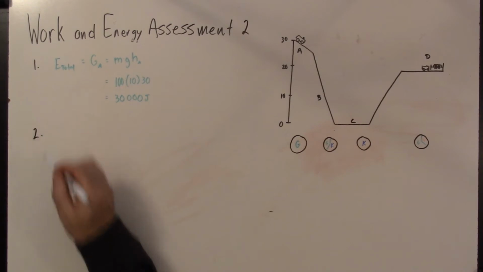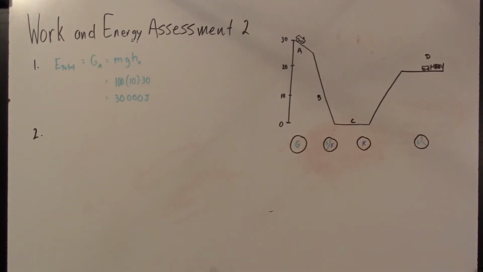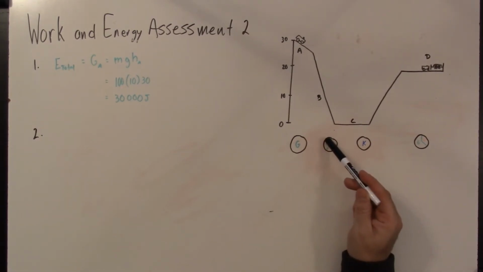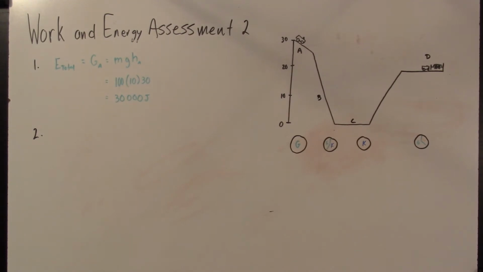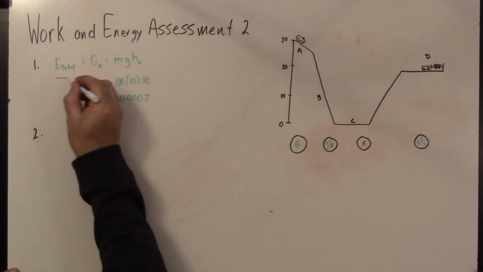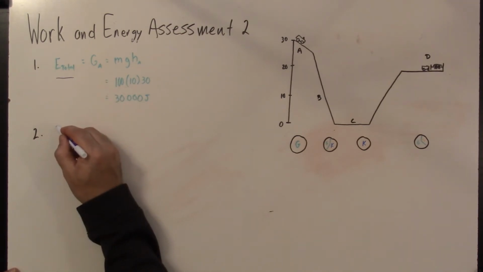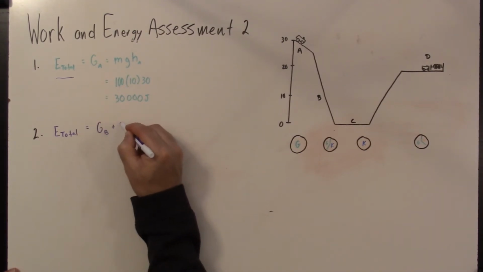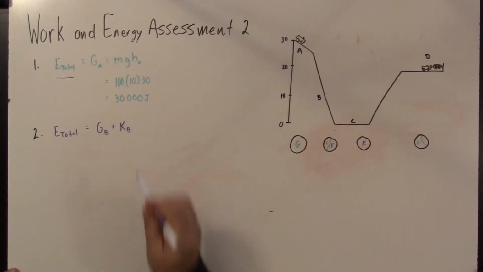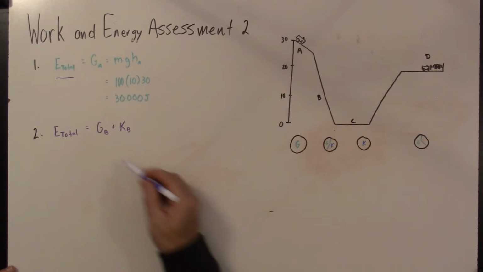Number 2 says, how fast is the cart moving at B? Well, let's look at the situation at B. It's 1/3 gravitational and 2/3 kinetic. Now, you can get that from the heights. You can also just use this idea, okay? We know that the total amount of energy stays the same. So at B, the E total is equal to the gravitational energy at B plus the kinetic energy at B. And from this, we can plug and chug a little bit and see what we know.